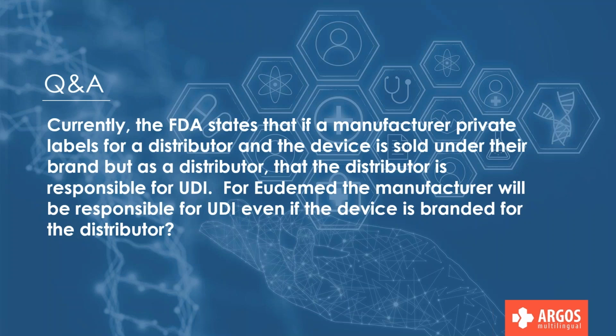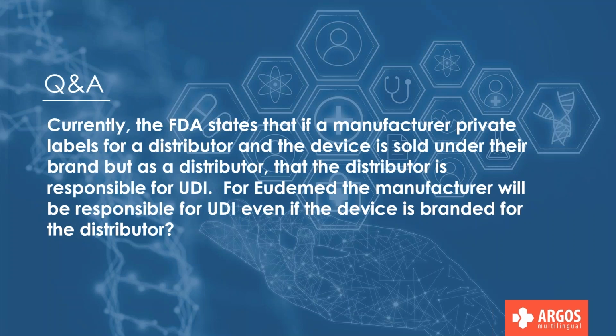This is interesting because in the EU, we have to look at the various economic operators and what they're responsible for. I would go back to the beginning part of the question and be a little bit hesitant to completely agree with that. The statement that a manufacturer private labels for a distributor and the device is sold, that the distributor is responsible for UDI.